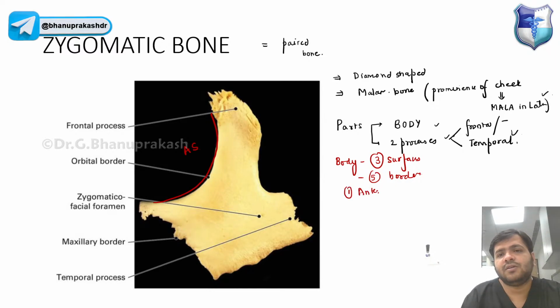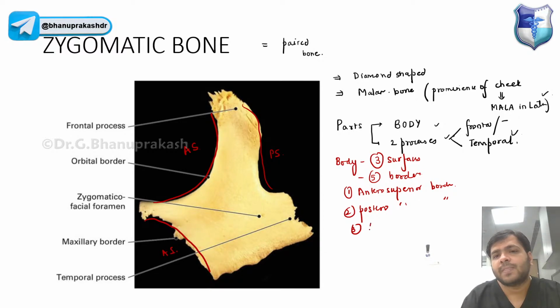We have the antero-superior border. We have the posterior-superior border. Then we have the antero-inferior border.